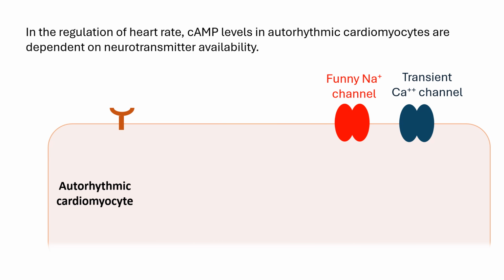So going back to our neurotransmitters, in the regulation of heart rate, cyclic AMP levels within the cell are dependent on the neurotransmitter availability outside of the cell.